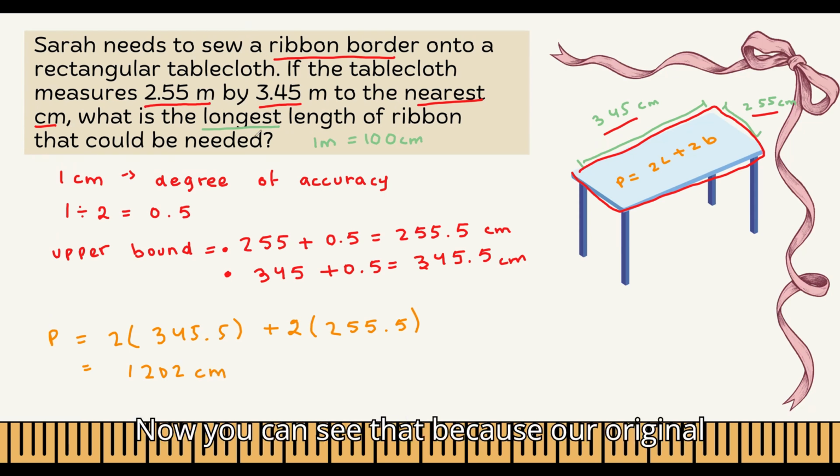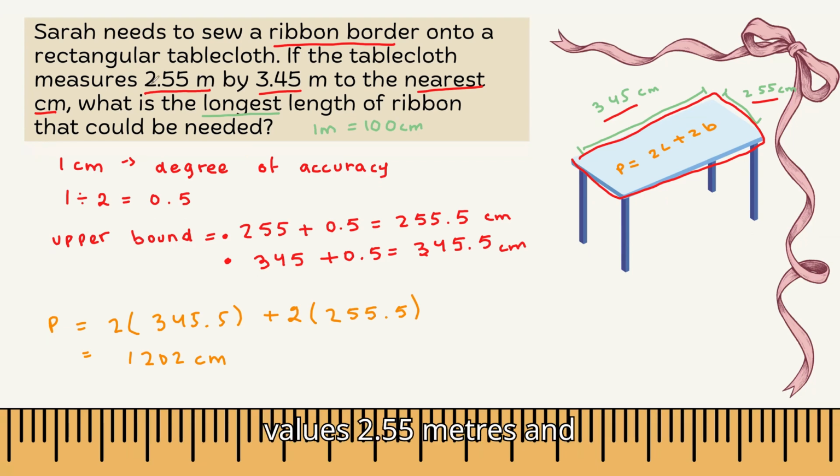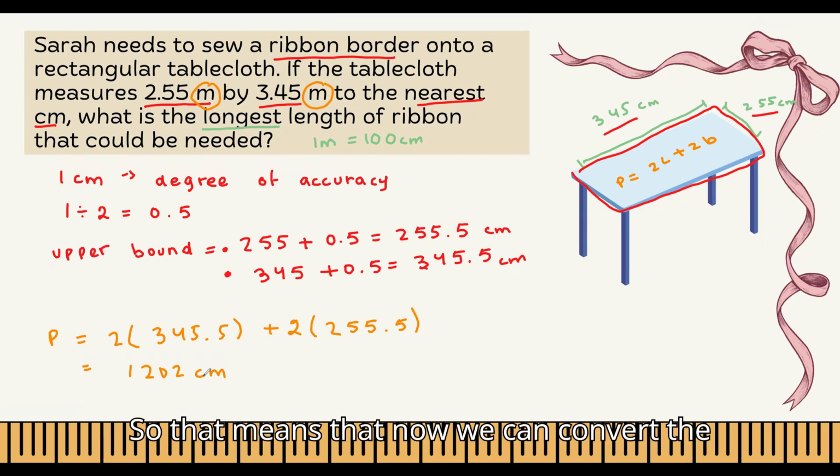Now you can see that because our original values, 2.55 meters and 3.45 meters, were given in meters, that means that now we can convert the centimeters back into meters, because we only converted it first into centimeters to make it easier, because by converting it to centimeters, we converted the decimal numbers into whole numbers.